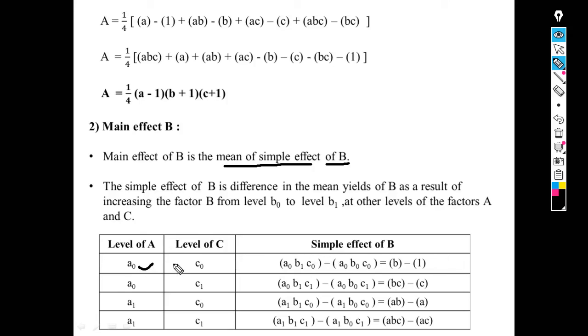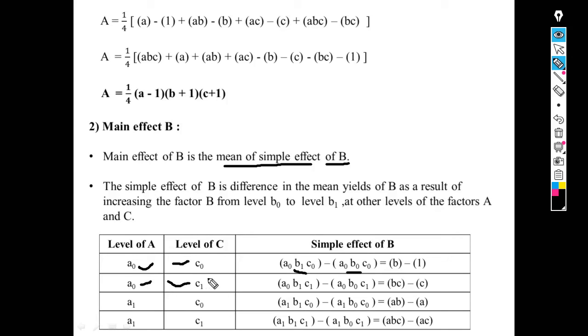First we consider A0 and C0. We get A0 B1 C0 minus A0 B0 C0. Here we fix the levels of these two factors and change the level of factor B. We consider the second level of B and subtract the first level of B, so we get B minus 1. Then second is A0 and C1.